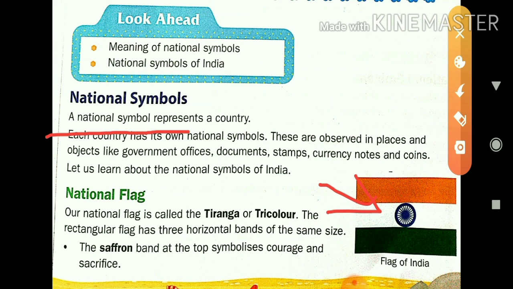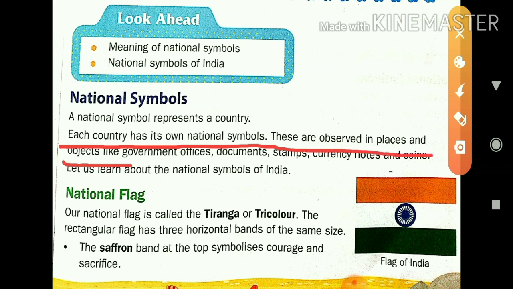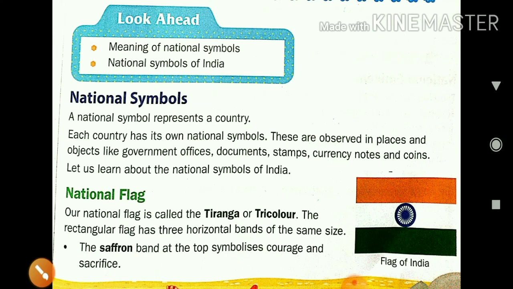So each country has its own national symbol. Means every country has its own national symbols. These are observed in places and objects like government offices, and all can identify them.